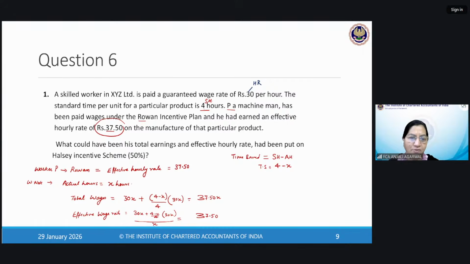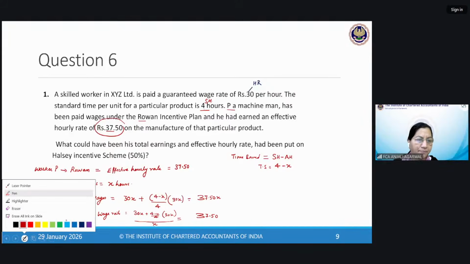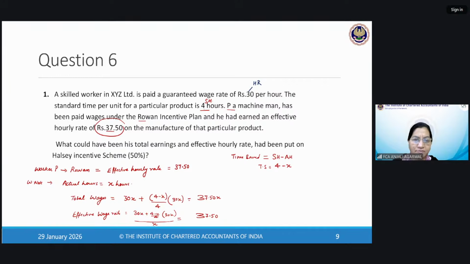Total wages is equal to 30X plus time saved upon standard hours. Time saved is 4 minus X, multiplied by the actual time rate wages, which is 30X. So the total wages come out to be 37.50X. Now, if you look at this equation carefully, we don't have to solve it as a quadratic.